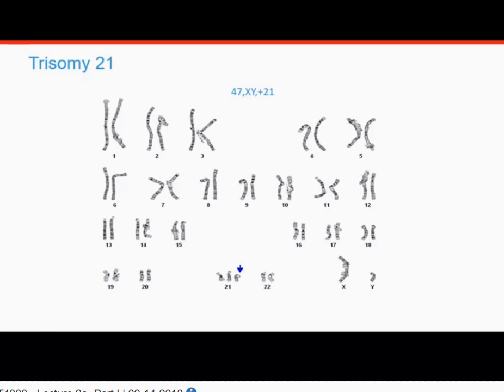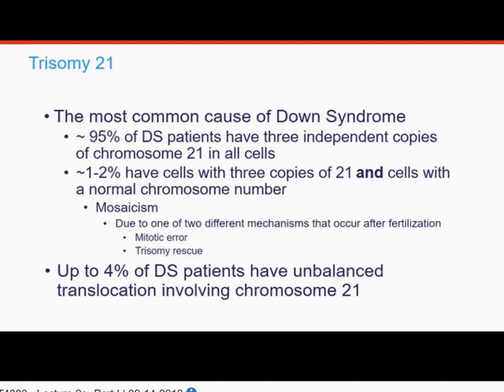Trisomy 21 is the most common. This is the one associated with Down syndrome. Approximately 95% of patients with Down syndrome will have the trisomy 21 form. Approximately 1 to 2% have cells with 3 copies of 21 and cells with the normal number, so they're mosaic.